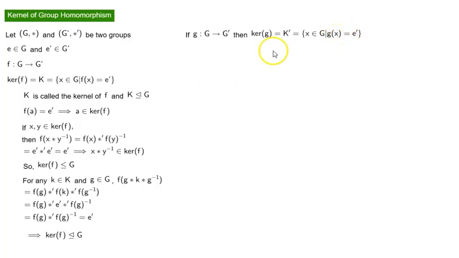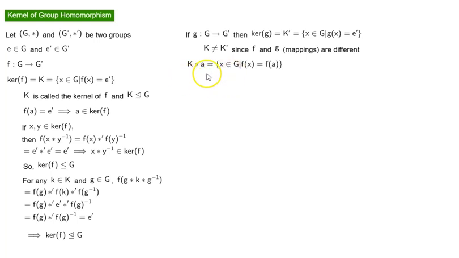So basically now we have two kernels of homomorphisms, K and K prime. These two will not be equal to each other since f and g are different. Of course, if they are the same, then they will be equal.